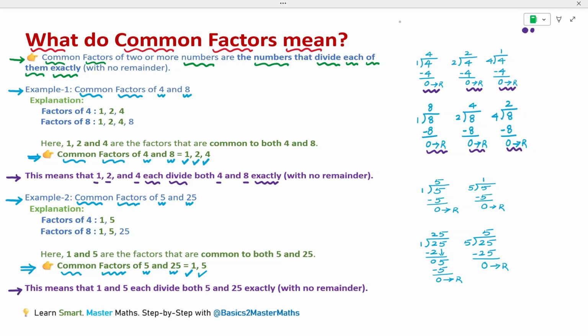This means that 1 and 5 each divide both 5 and 25 exactly. Got it? You can refer to the exact division shown here.